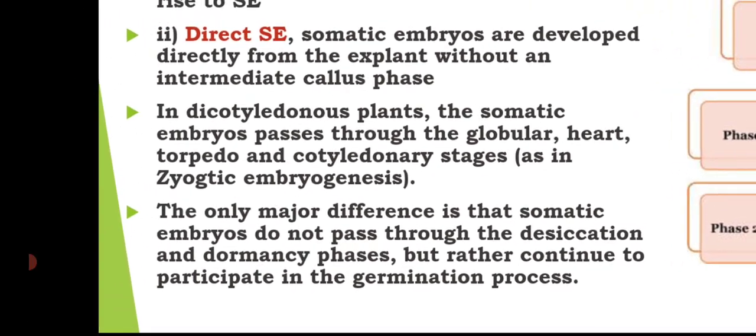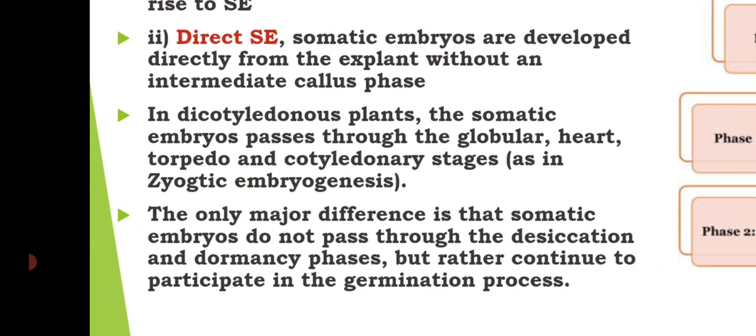The only major difference is that somatic embryos do not pass through the desiccation and dormancy phases. Normally, for example in green gram, after the formation of the seed and embryo, the embryo will rest for a period, that is a dormancy period.